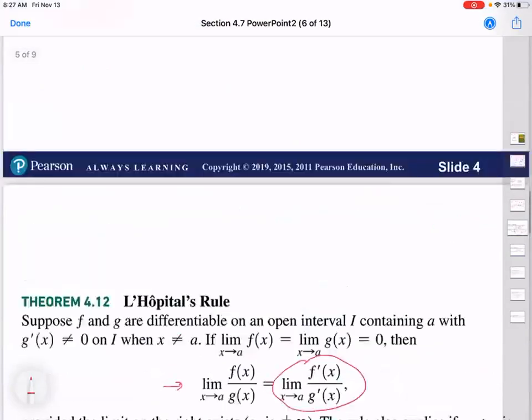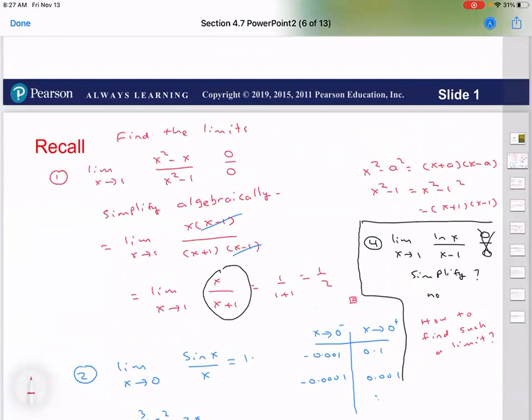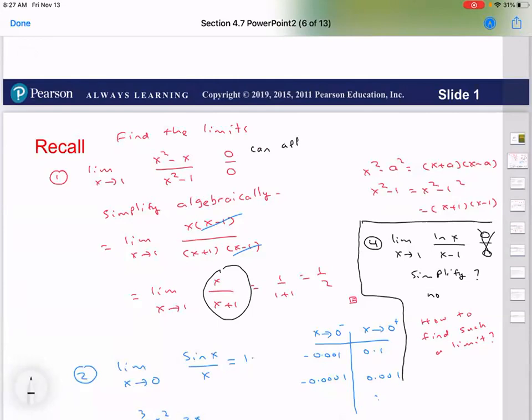So then let's go back here. Look at number one. We can apply L'Hopital's rule here because we have an indeterminate form, correct?